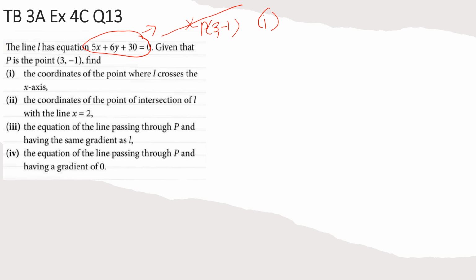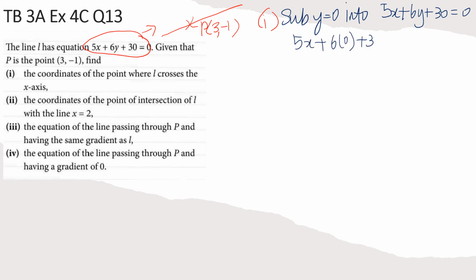So we're going to substitute y equals 0 into our line L, which is 5x plus 6y plus 30 equals 0. So we will have 5x plus 6 times 0 plus 30 equals 0. 5x is equal to -30. x is equal to -6. So therefore, the particular point will be (-6, 0).